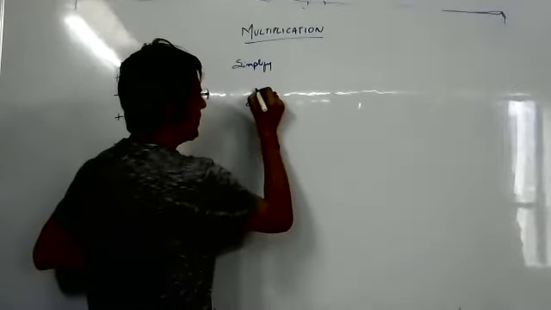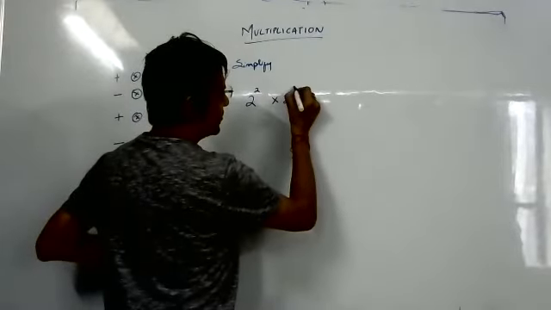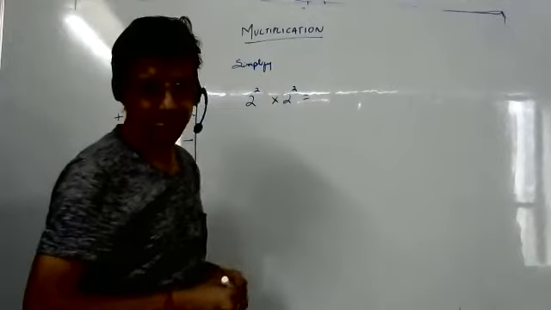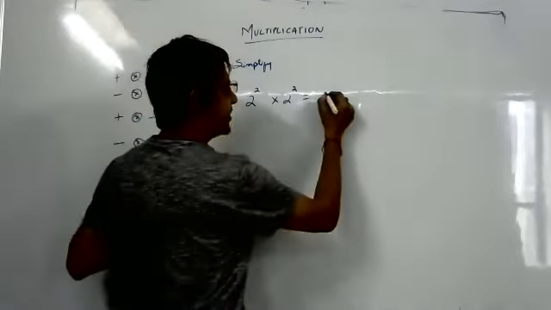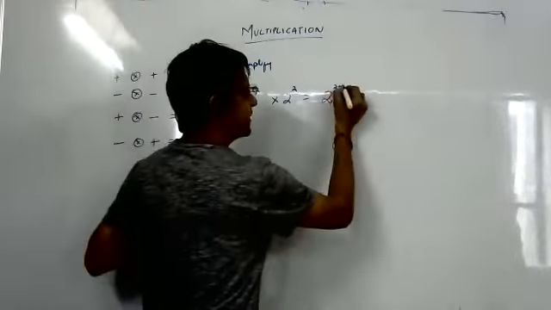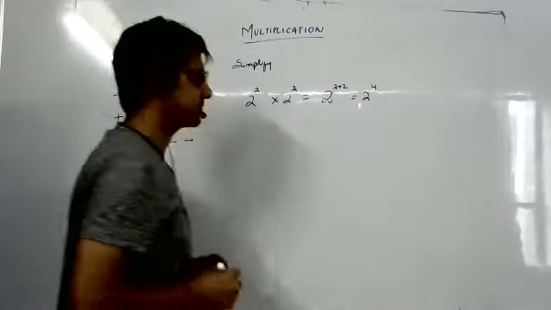Two to the power 2 into 2 to the power 2. What is the value? 2 to the power 4. What you did? 2 plus 2 is equals to 2 to the power 4. Correct?